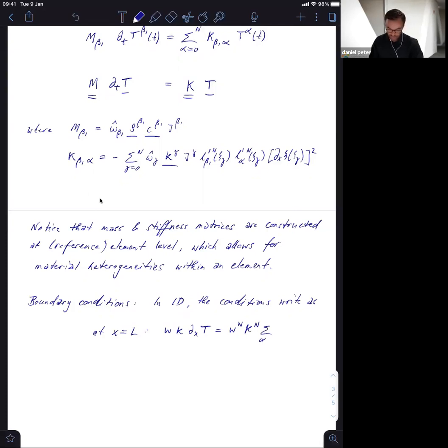Here we can use alpha n T alpha times the derivative of the polynomial alpha n evaluated at that GLL point at xi n times this mapping term xi n.